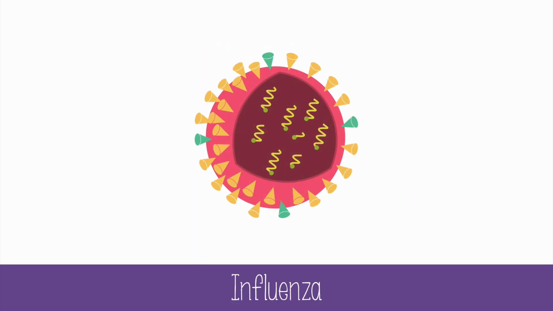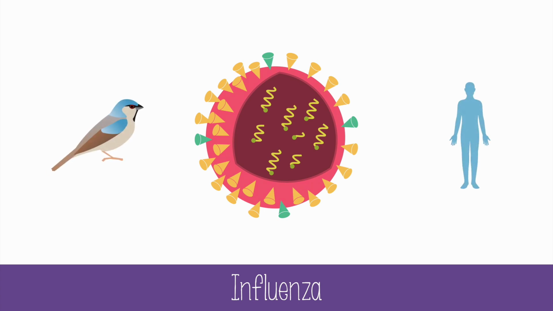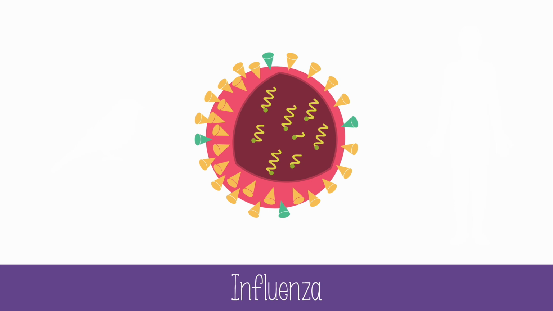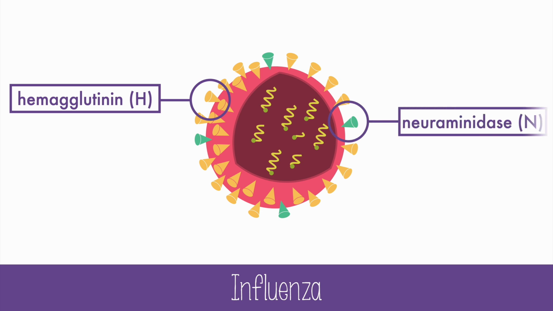Influenza, which you've likely contracted in your lifetime, is an enveloped virus that uses RNA as its genetic material. This leads to rapid evolution because RNA does not error check. Influenza can also be transmitted between species, like birds and humans, which can increase the number of new strains. On the envelope of influenza are two types of protein antigens, hemagglutinin and neuraminidase.